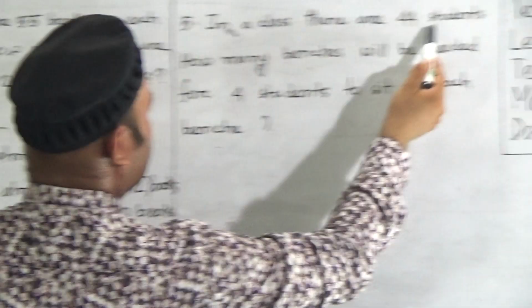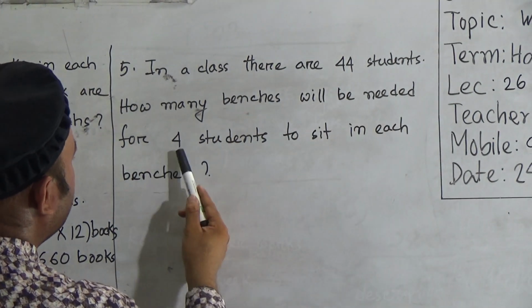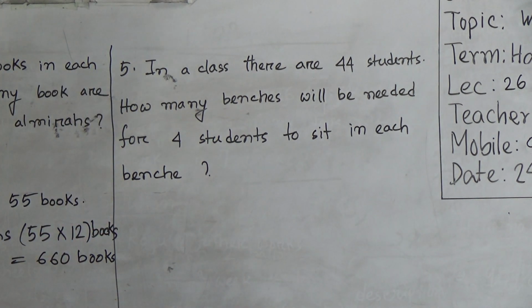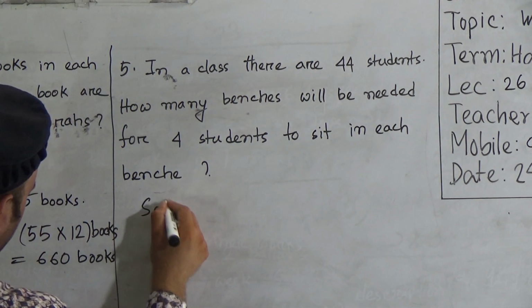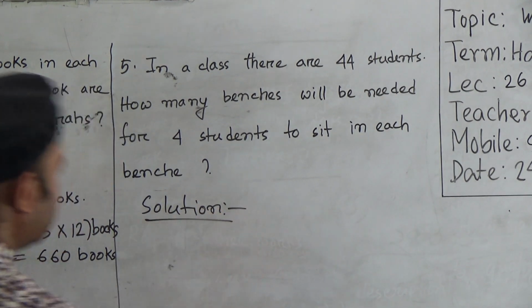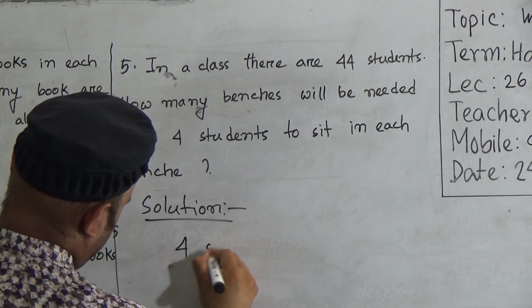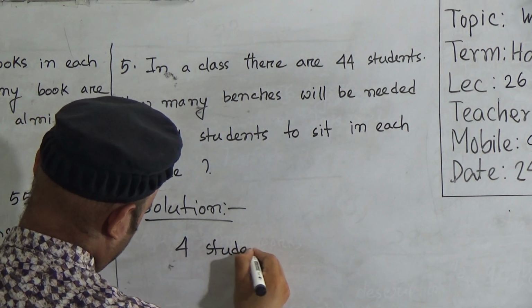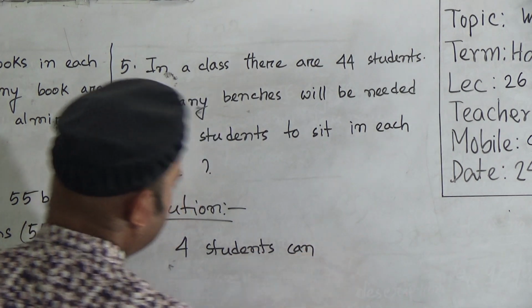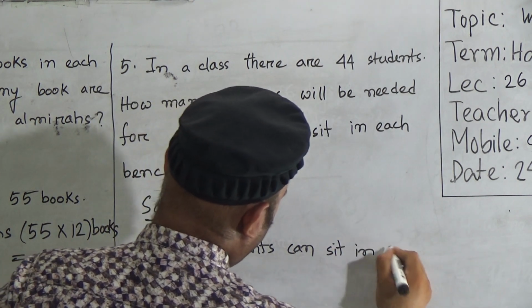There are 44 students. How many benches will be needed for 4 students to sit in each bench? So here, solution. 4 students can sit in one bench.